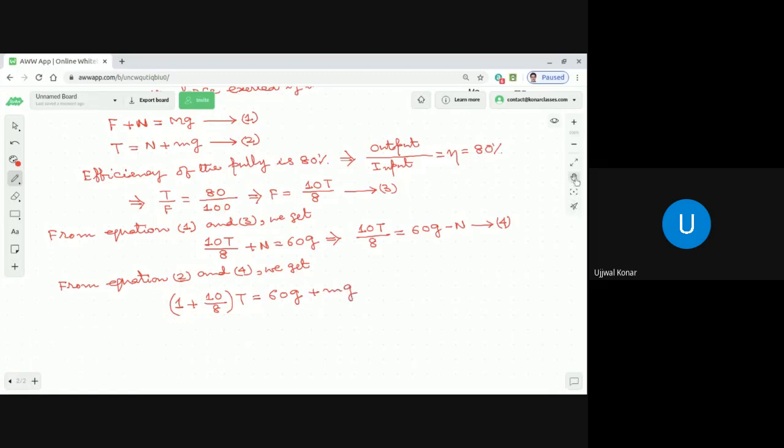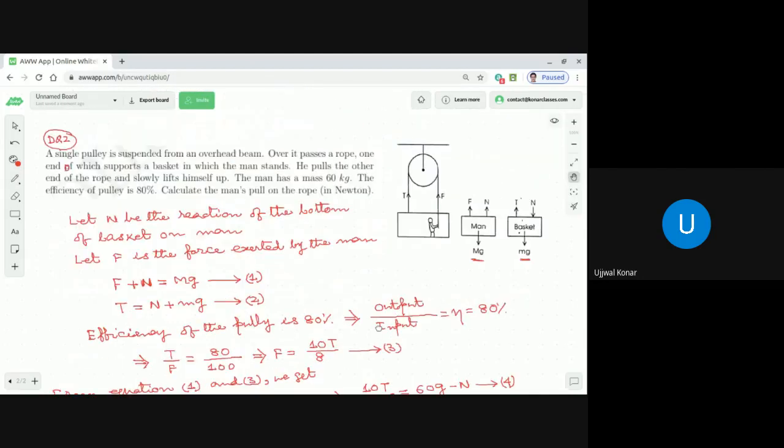Now if we look into the question, it is given that the efficiency of the pulley is 80%.